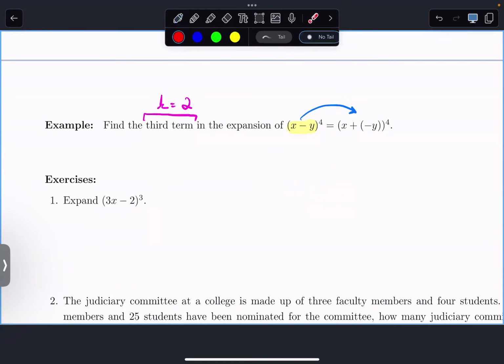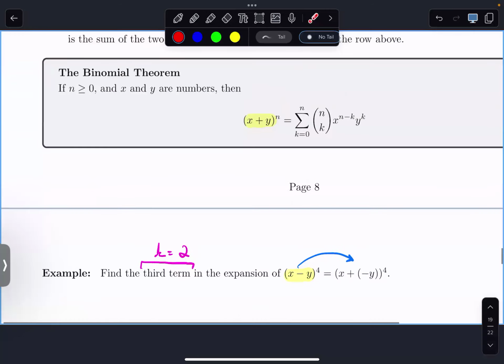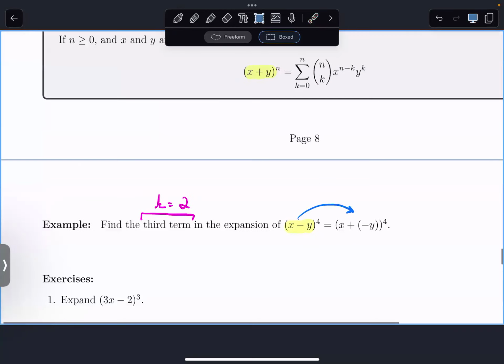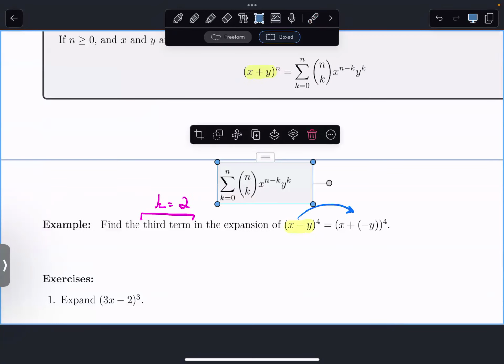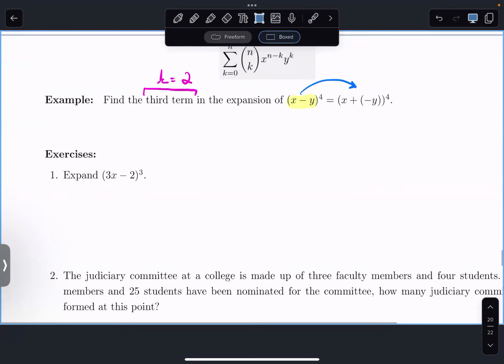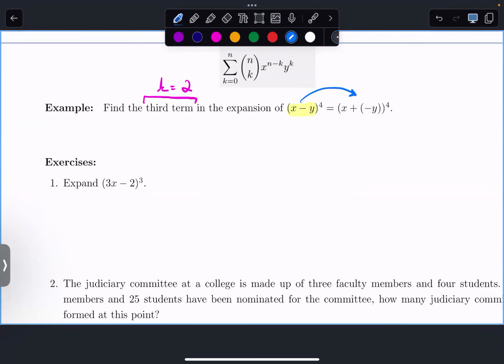So remembering to use x where you see an x and negative y where you see a y, I'm going to start at the top. 4 choose 0 times x to the 4 minus 0, y to the 0.